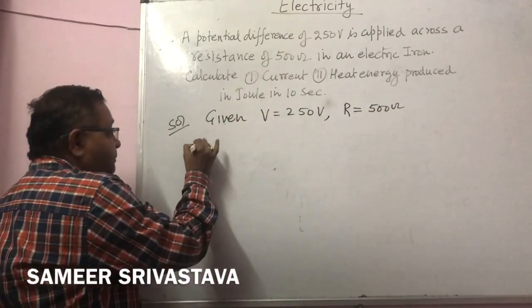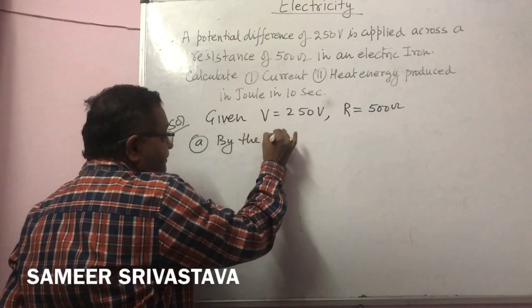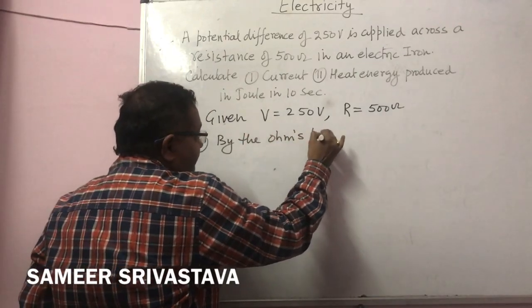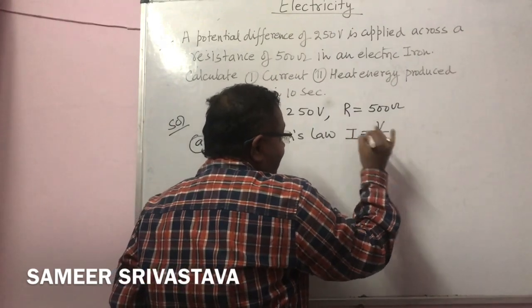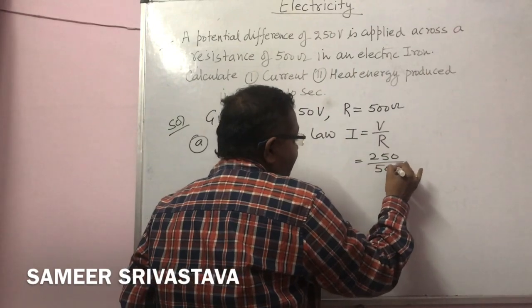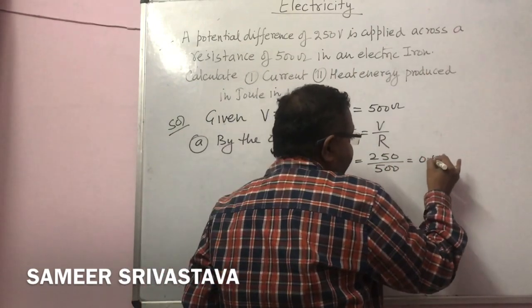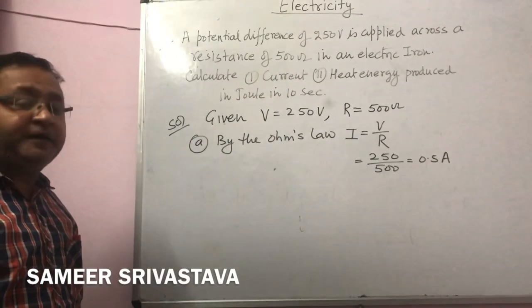Now for the first part, by Ohm's law, we all know that I is equal to V by R. Put the values, 250 upon 500, and that is 0.5 ampere. So the value of current will be 0.5 ampere.